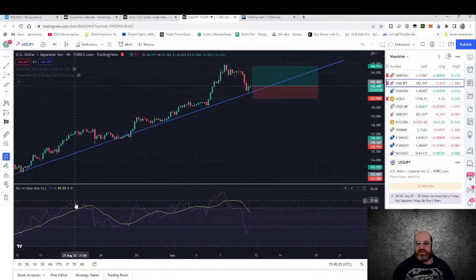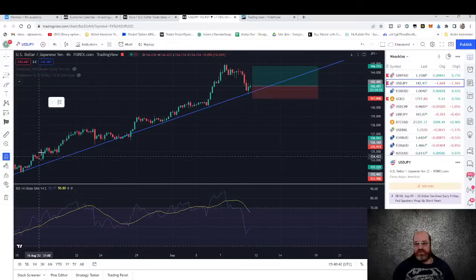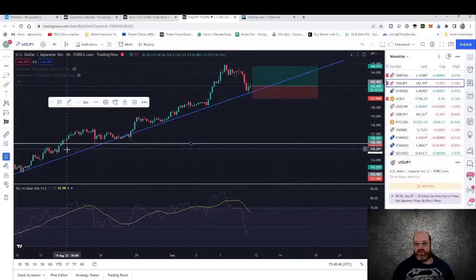Okay, let's say now that you see here we pass above the 70 line, right? And then some people on YouTube will tell you to short here. Okay, let's say you have done that now. Let's make a line on this one here. What would happen if you short here?